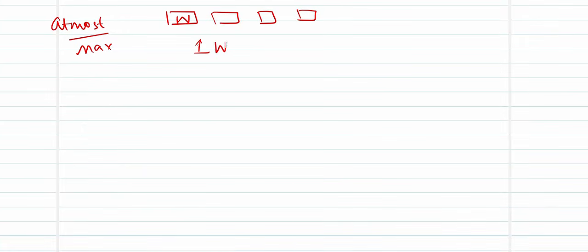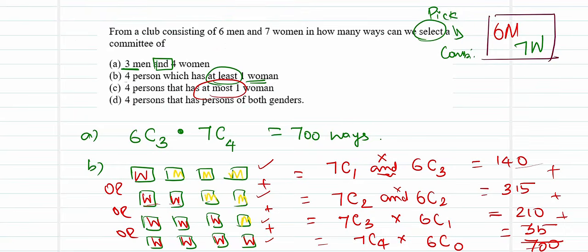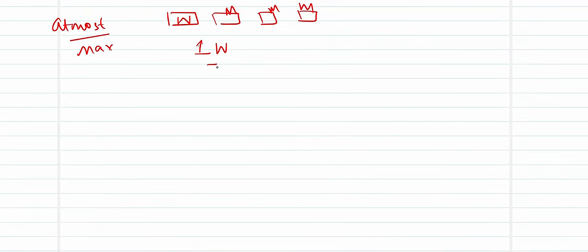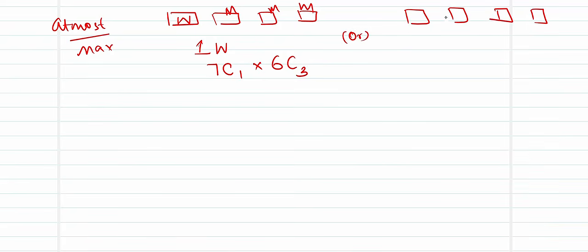So you can have 1 woman and all the remaining 3 to be men. So 1 woman from how many women? 7 women. That can be done in 7C1, and the remaining are going to be men, so it is 6C3. Or what is going to be the other case over here? At the maximum 1 woman was only allowed.